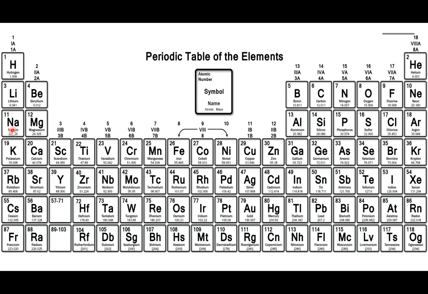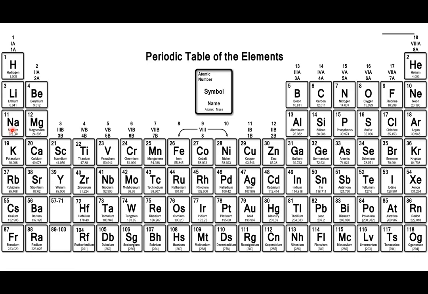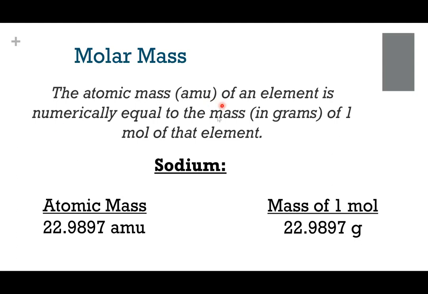So that number on the periodic table is numerically equal to the mass in grams. So all that's saying is, you know what, this is in atomic mass units, but now we're going to say 22.9 grams equals 1 mole of that element, okay?